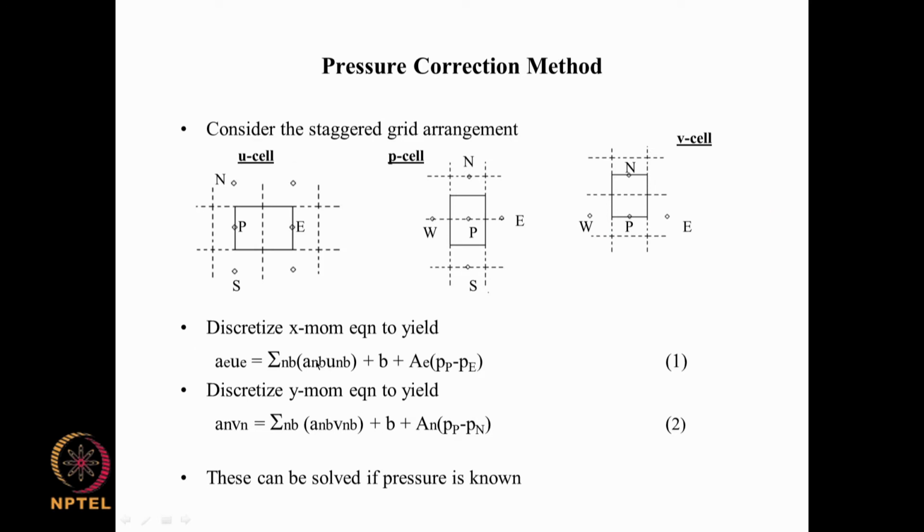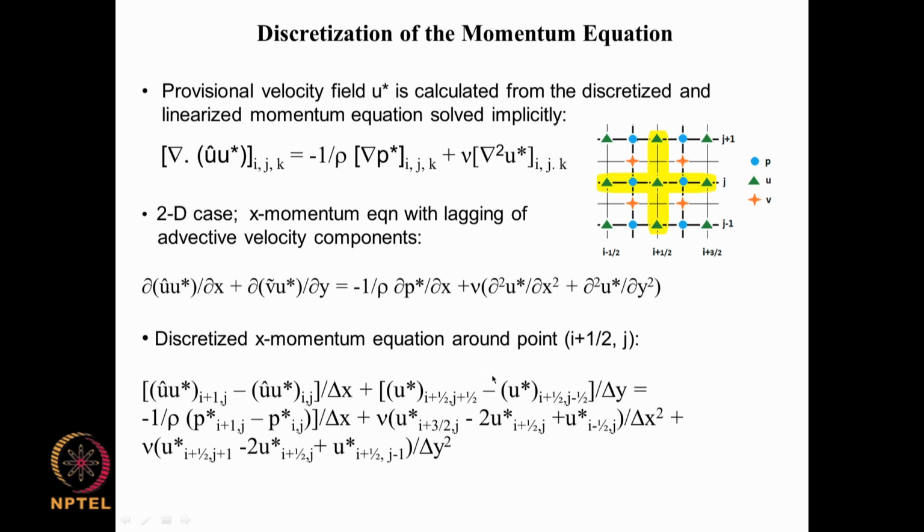Now, this discretization involves two separate kinds of discretizations, where you have these terms coming from the advection term and the diffusion term. The advection term involves dou u by dou x and dou u by dou y, so that brings in the neighboring points, and similarly the dou square u by dou x square, dou square u by dou y square terms also bring in the neighboring velocity points.